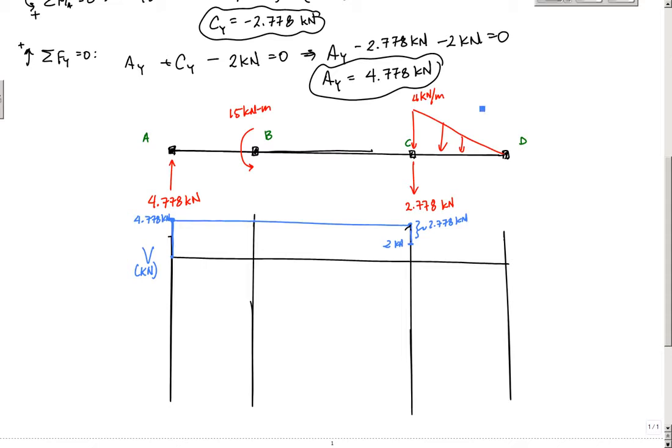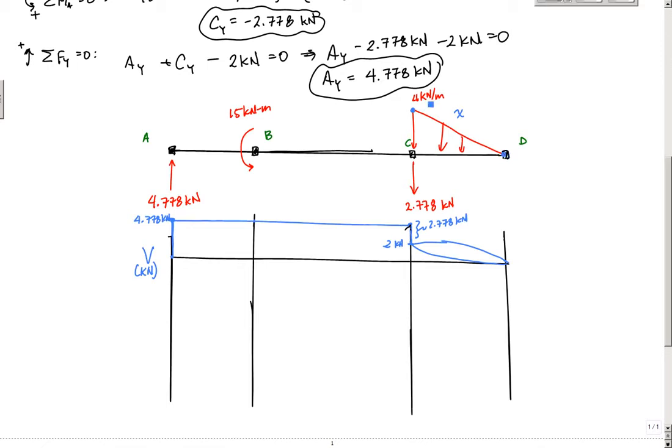And then here, because the function of x is linear, I know my shear diagram is going to be an antiderivative, something like x squared, so it's going to be parabolic. The question is whether my parabola goes one way or the other, and the way you know is based on the value of the distributed load.